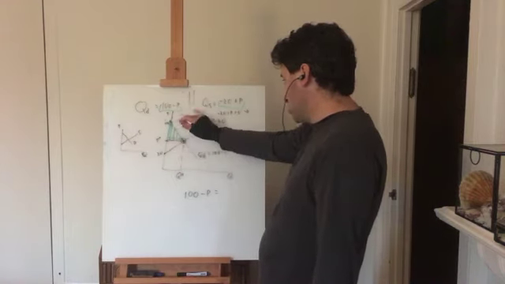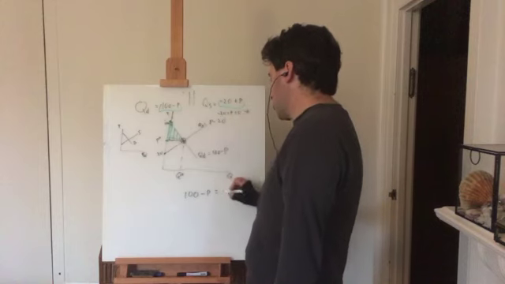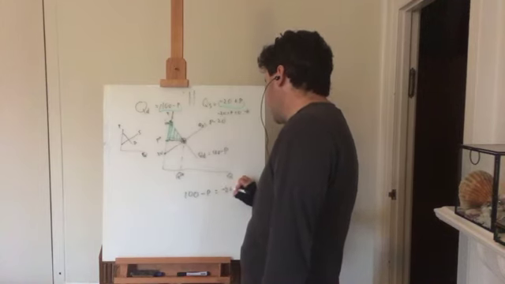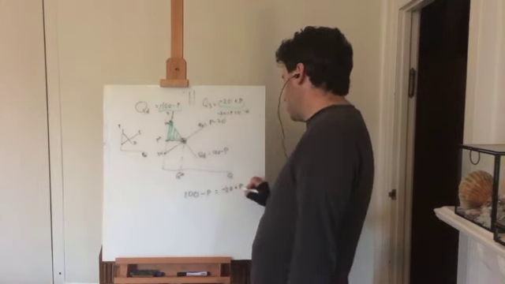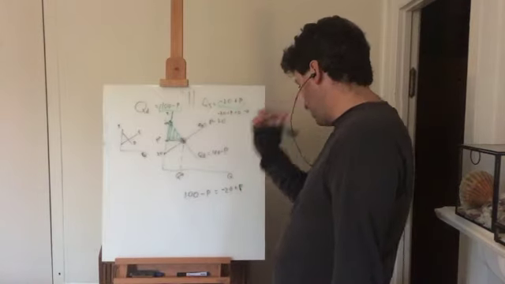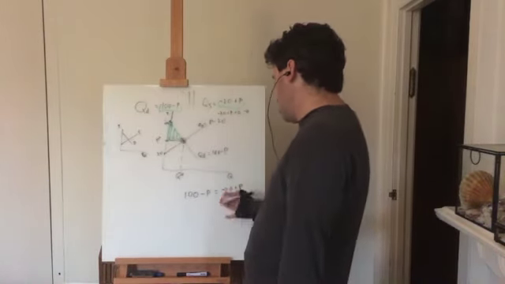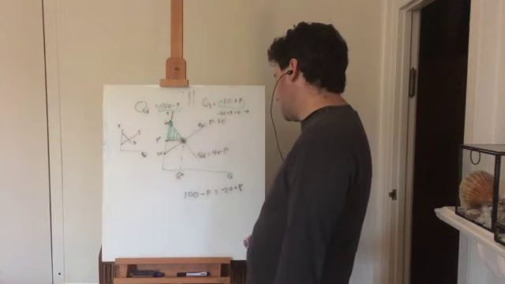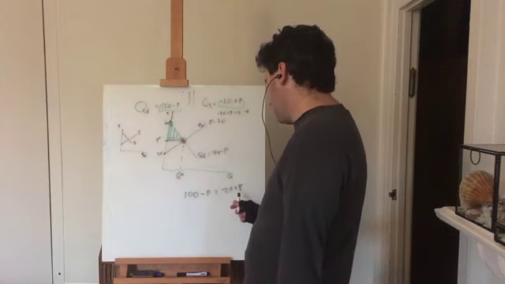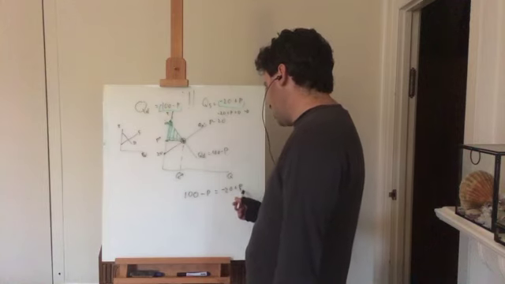Now we just need to combine our terms, put P on one side, solve for it, and put the constants on the other side.